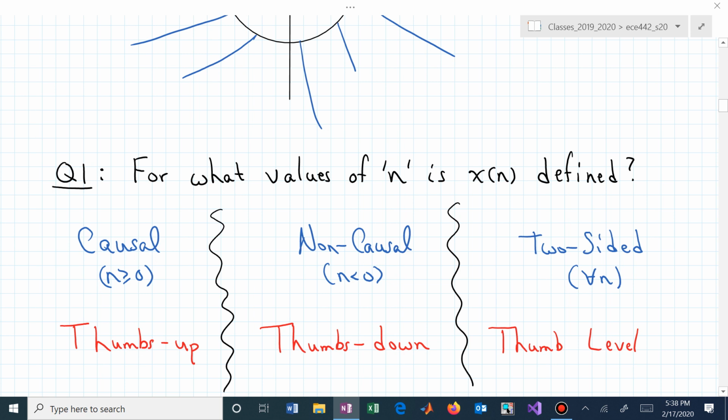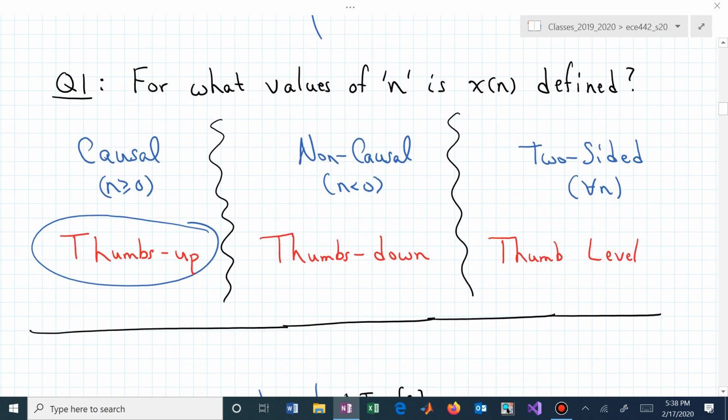Thumbs down is non-causal. And two-sided is thumb level. Ready? 1, 2, 3. So it looks like everybody's getting that. That's the correct answer for question number 1.